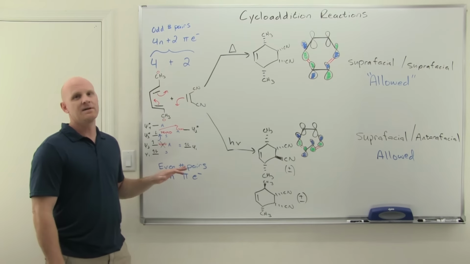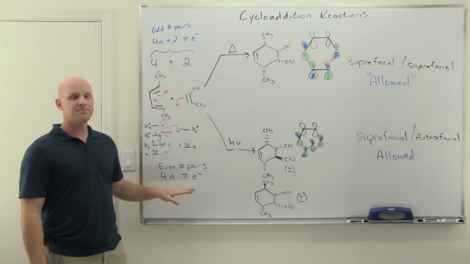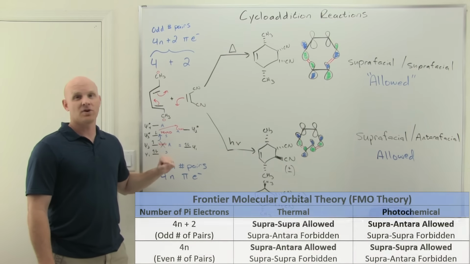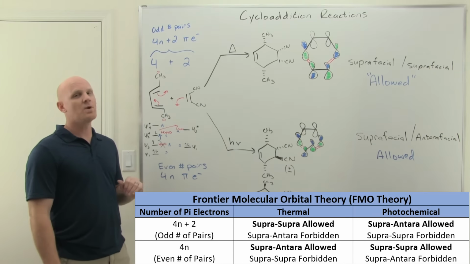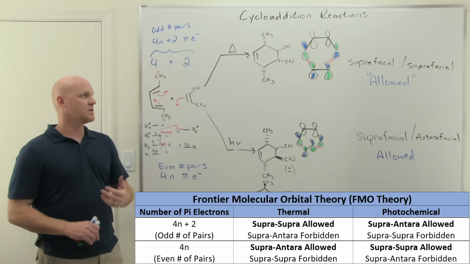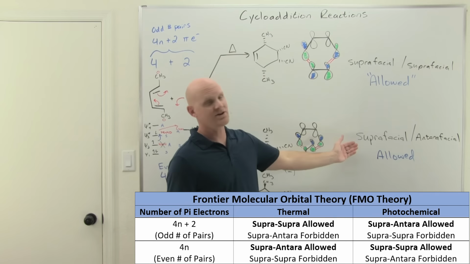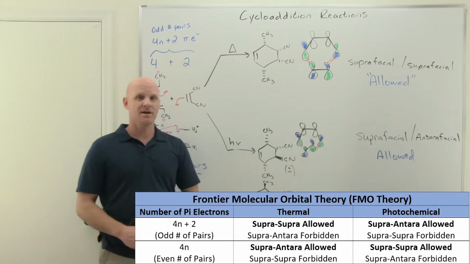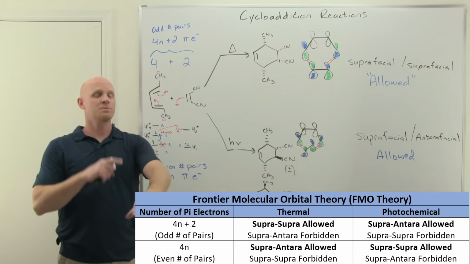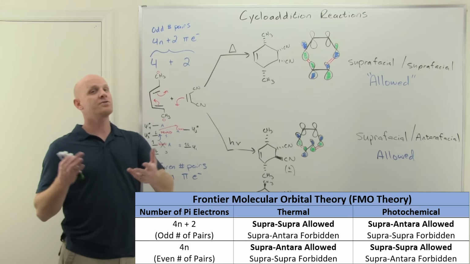Regardless of how you want to look at that, whether it's a multiple of 4 or an even number of pairs of pi electrons moving in the transition state, in that case, the symmetry of the HOMO and LUMO are not going to match. And so if the symmetry doesn't match, then under thermal conditions, the suprafacial-antarafacial ends up being the allowed transition state, whereas the suprafacial-suprafacial ends up being forbidden under thermal conditions.